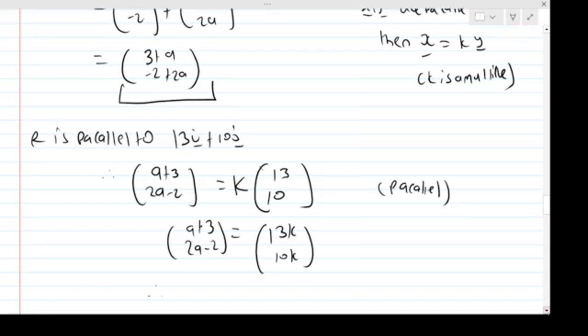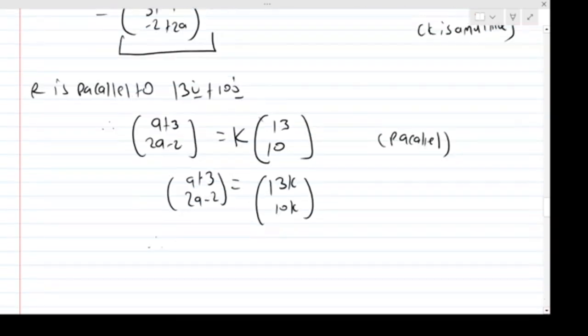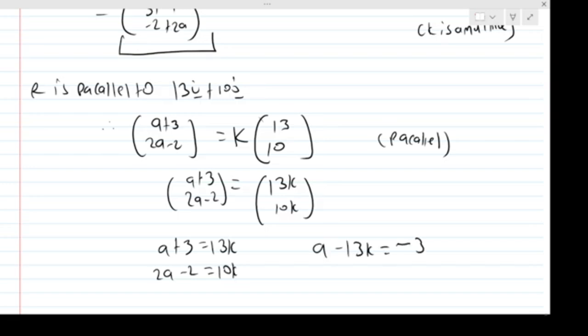At that point, if I compare, I get these two equations. So 3 plus a equals 13k, and 2a minus 2 equals 10k. Or if I rearrange it to get a and k on one side, I get a minus 13k is minus 3, and 2a minus 10k is equal to 2.